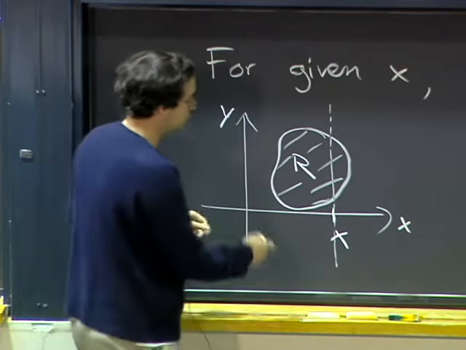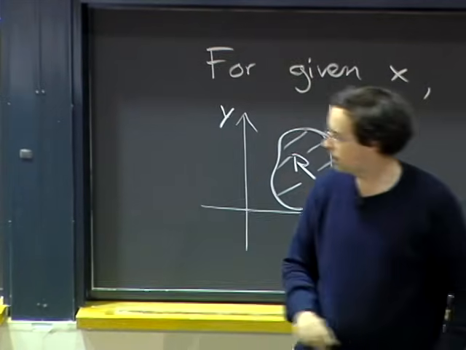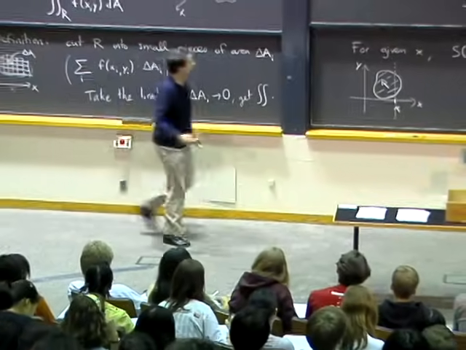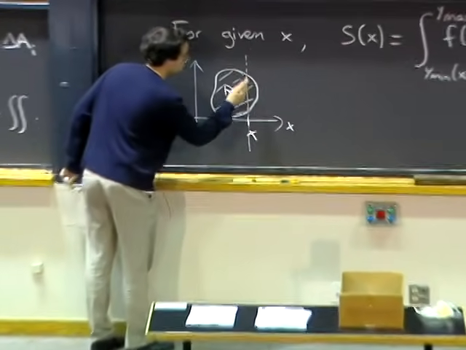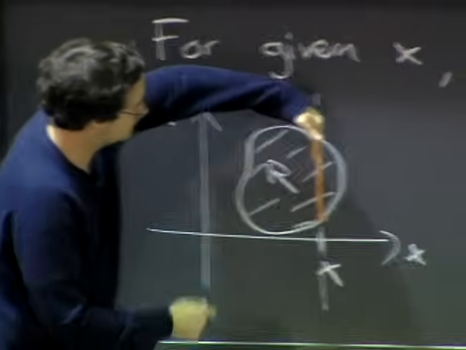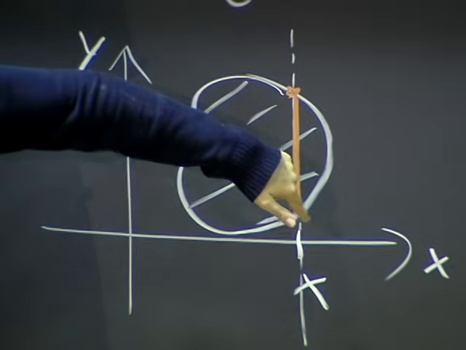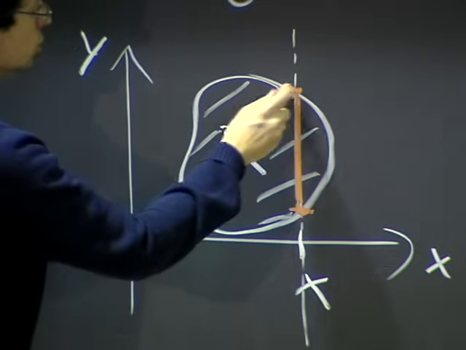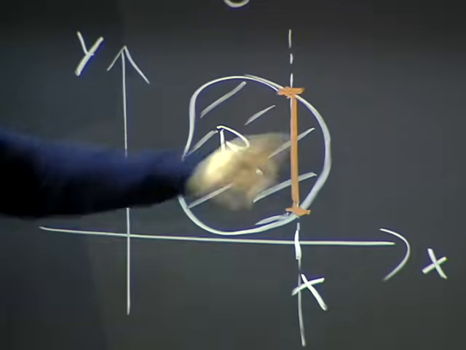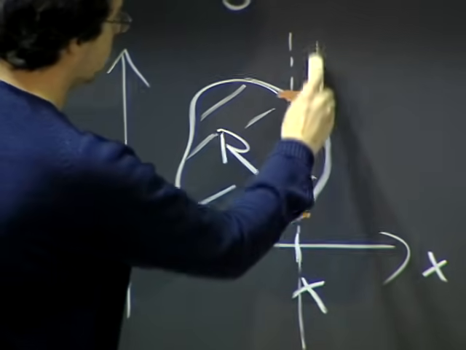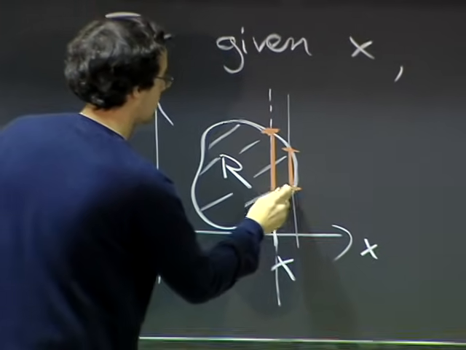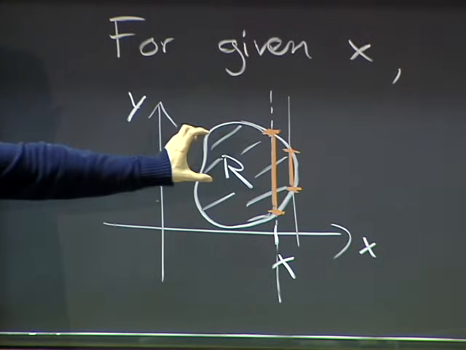To do that, I have to integrate for y going from here to here. I want the area of a piece that sits above this red segment. In particular, the extreme values for y depend on x, because if I slice here instead, my bounds for y will be smaller.